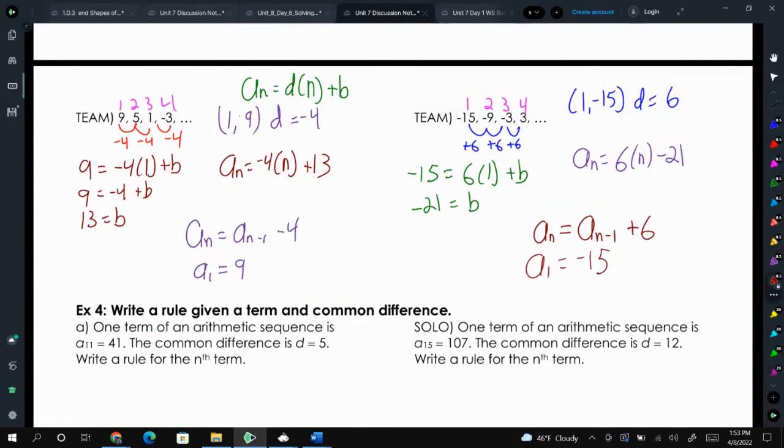Every time that you write out your recursive or your explicit formulas, I like to go back through and see if they work. Plug in 3 for n and see, do you get negative 3 in your second one, or plug in 3 and do you get 1? I like to do that just to make sure I'm on the right track.